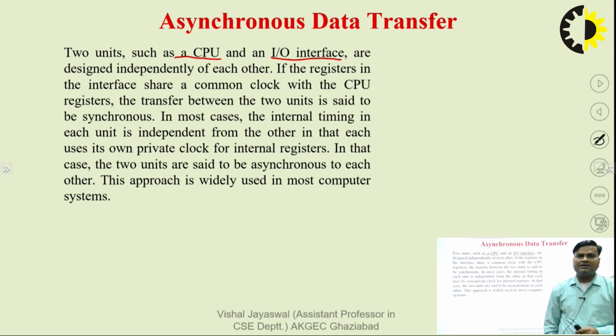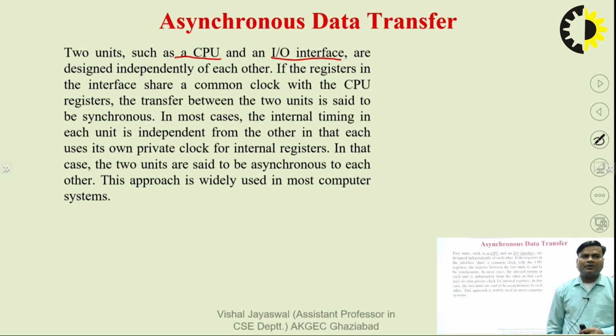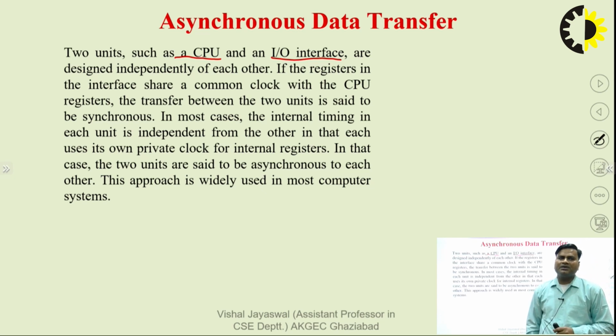In most cases, the internal timing in each unit is independent from the other, in that each unit uses its own private clock for internal registers. In that case, the two units are said to be asynchronous to each other, and this approach is widely used in most computer systems.